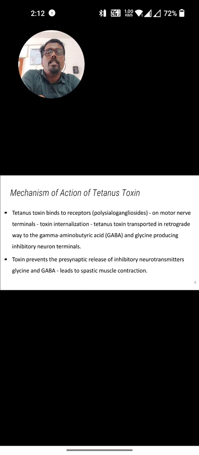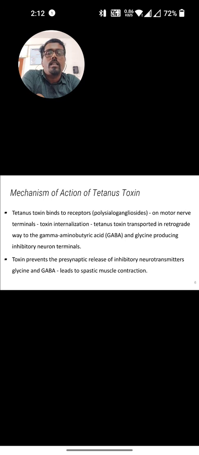What is the mechanism of action of this toxin? The tetanus toxin or tetanospasmin binds to the receptors, that is the polysialogangliosides, on motor nerve terminals. This will cause toxin internalization.